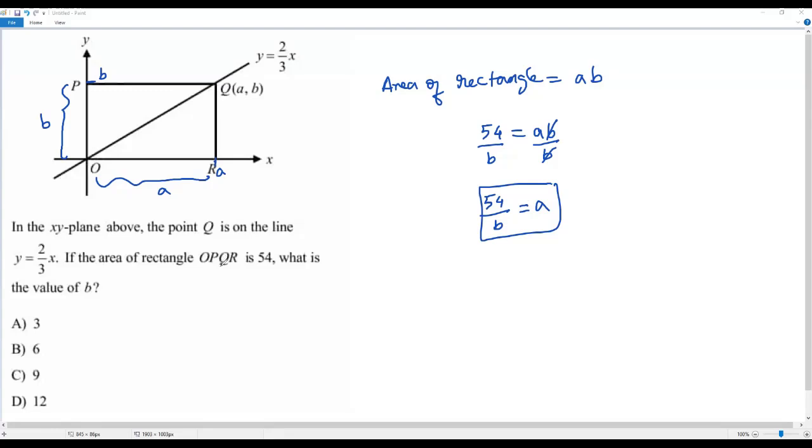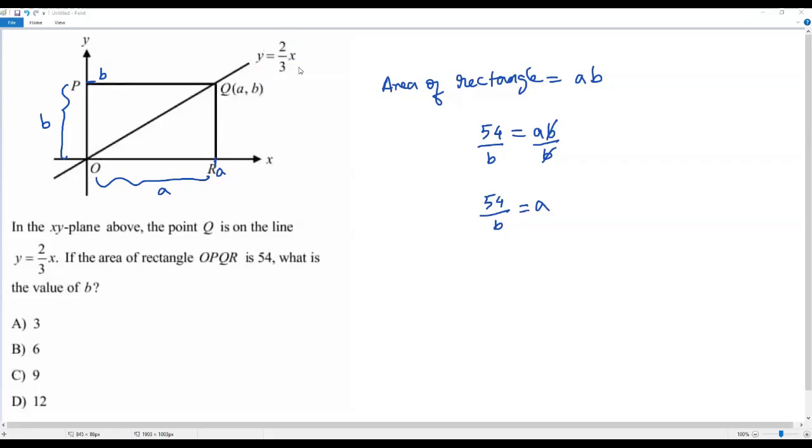And also there is information that this point Q of A comma B is on the line y equals 2/3 times x. Since we have this point Q on this line, we can plug in this x coordinate A for x over here and y coordinate B for y over here.